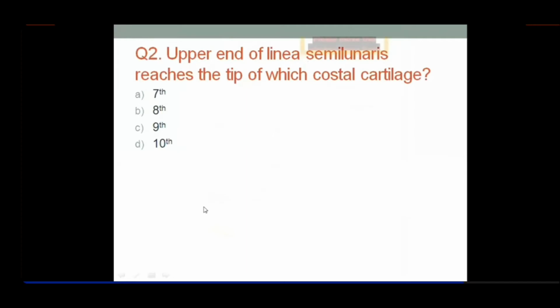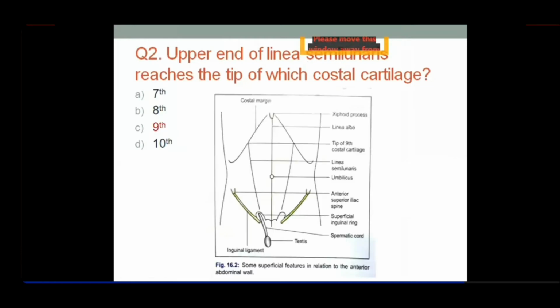Okay, so the next question is: the upper end of the linea semilunaris reaches the tip of which costal cartilage? Ninth, C. Okay, ninth is correct. This is about the anterior abdominal wall. You've been taught about the rectus sheath; the lateral margin of the rectus sheath is called the linea semilunaris.